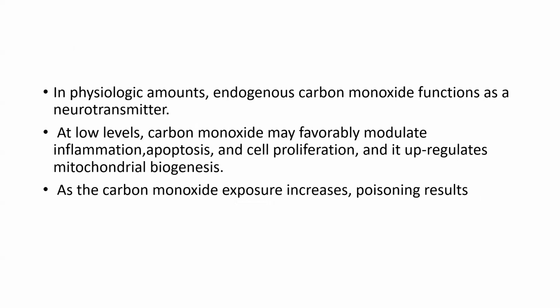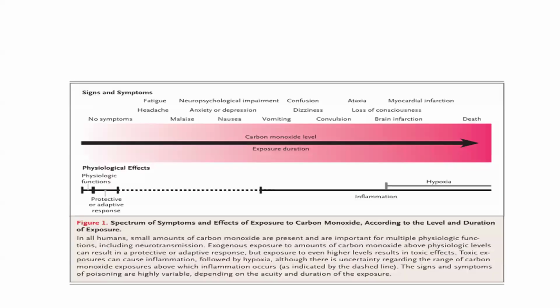In physiological amounts, endogenous carbon monoxide functions as a neurotransmitter. At low levels, carbon monoxide may favorably modulate inflammation, apoptosis, and cell proliferation, and it upregulates mitochondrial biogenesis. As carbon monoxide exposure increases, poisoning results.